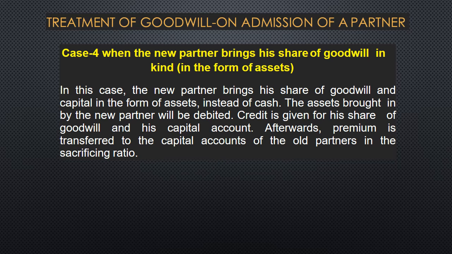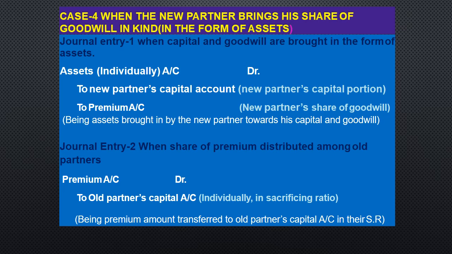Therefore, accounting treatment in this case is first entry for bringing asset by new partner for his capital or goodwill. That entry is assets account debit to new partner's capital account to premium for goodwill. Now again, that premium for goodwill is to be distributed between all partners in their sacrificing ratio.